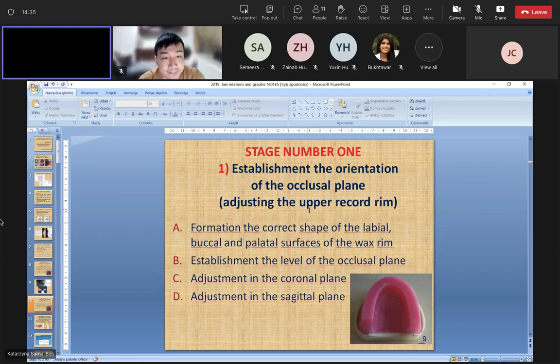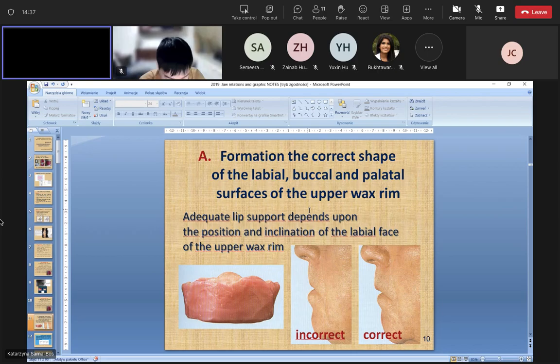Yes, so now substages. Now I will explain to you substage number A. This is the formation of the correct shape of the labial, buccal, and palatal surfaces of the upper wax rim. Adequate lip support depends upon the position and inclination of the labial face of the upper wax rim.